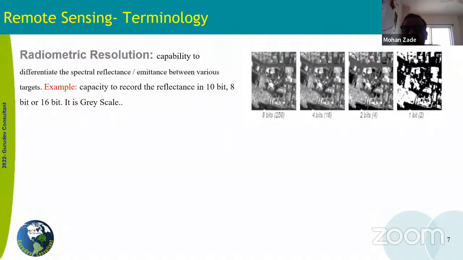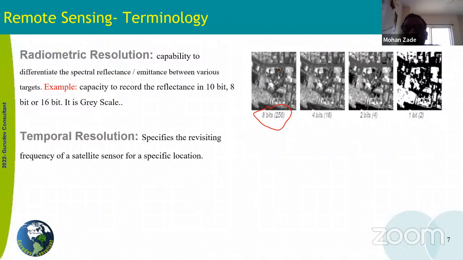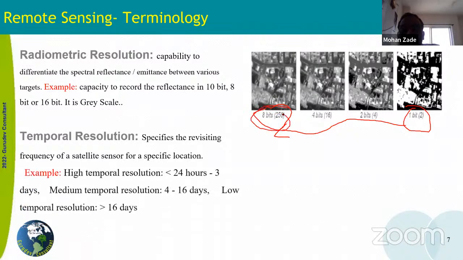You can see here an 8-bit image, that is 256 numbers. You will have a very good image. And 1 bit, that is only 0 and 1 values, will have no information. It cannot carry information. And it improves the visibility as well as readability of that image once you have a very good radiometric resolution. 8-bit is good radiometric resolution.